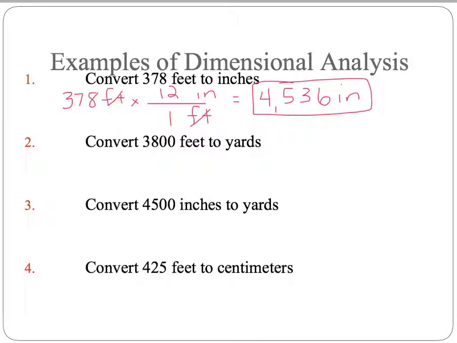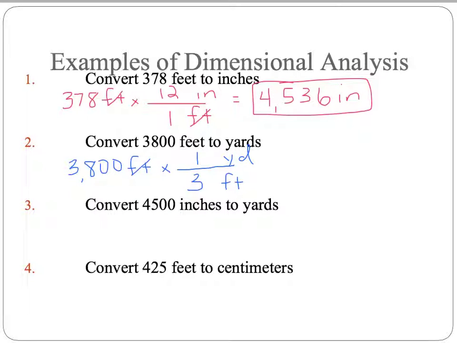The next one says convert 3,800 feet to yards. Apparently I can't say that. So I'm starting with feet. The first thing I always do is set up a conversion line. So I want feet on bottom, and I know that there's a conversion between feet and yards, so I'm going to put yards on top, and I know that there are 3 feet in 1 yard.